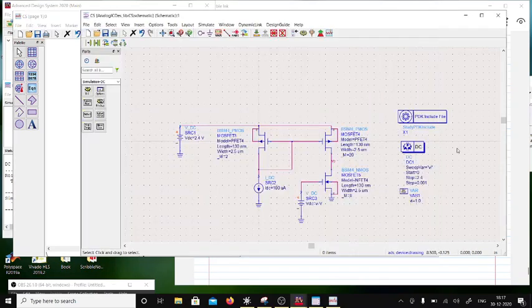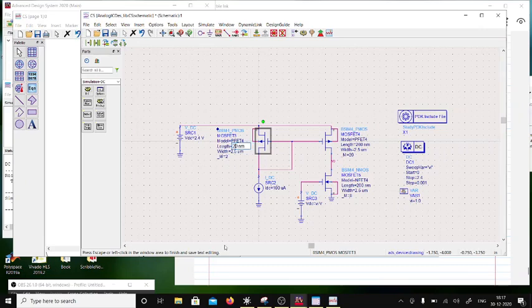Now one more thing. If I want to improve the gain, what do I do? I can change the length from 130 to 260. So everywhere I'm going to do 260, 260, 260, so I'm not disturbing the ratio.